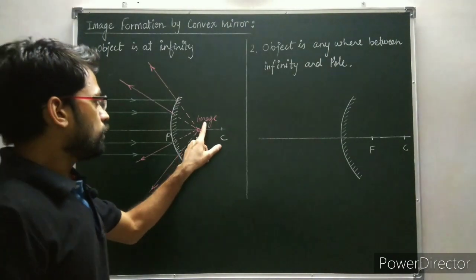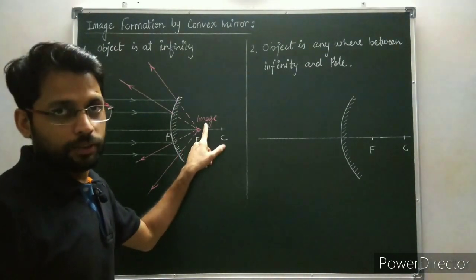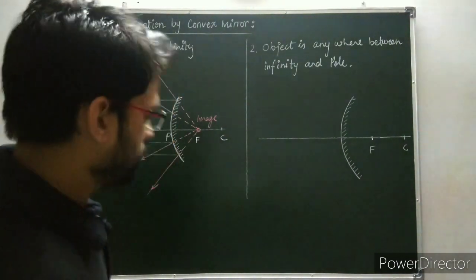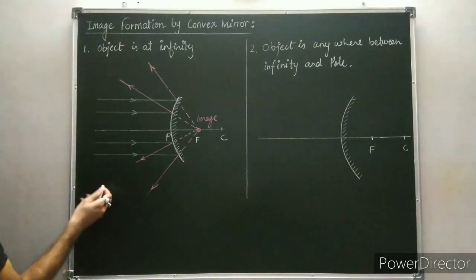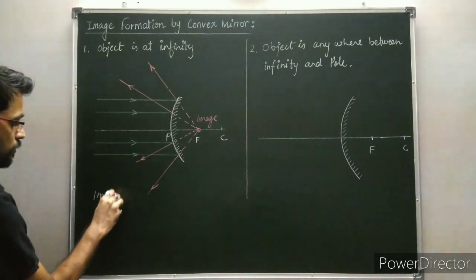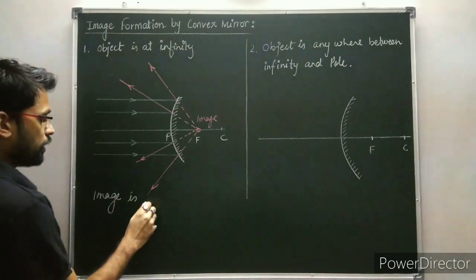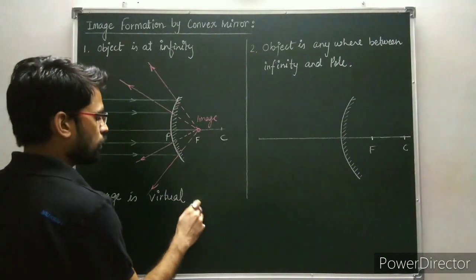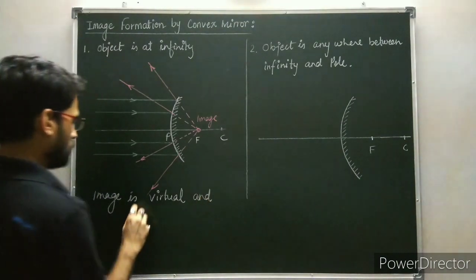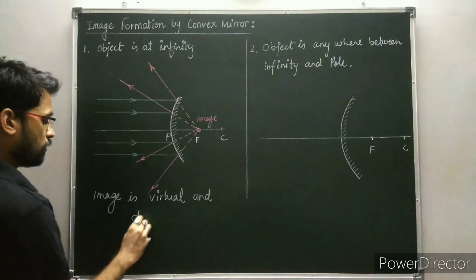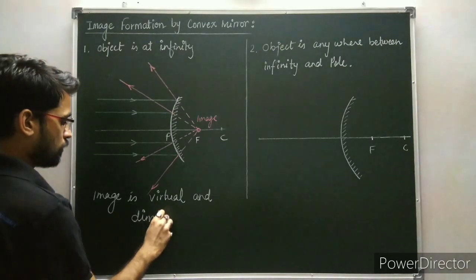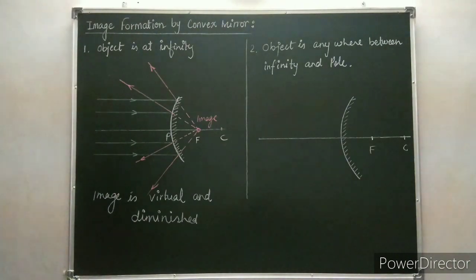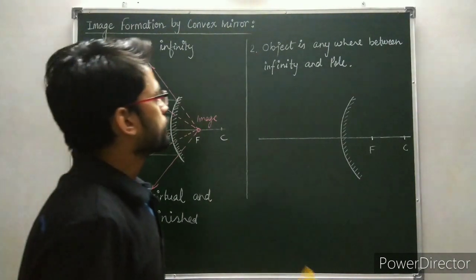So image formed is virtual, and it is erect and diminished, highly diminished. So we can write the image is virtual and diminished. Now come to the second case.